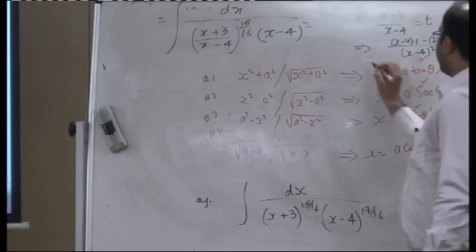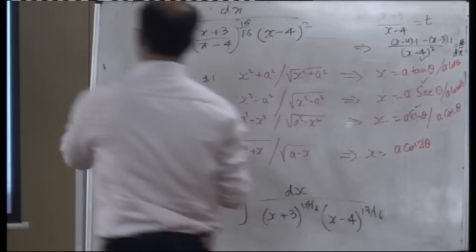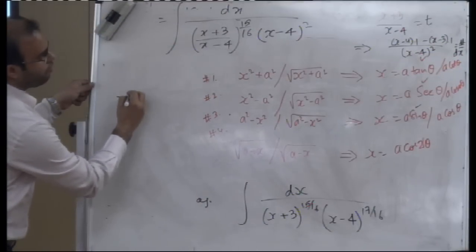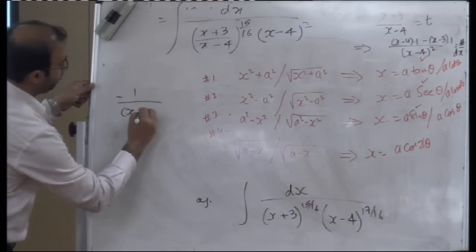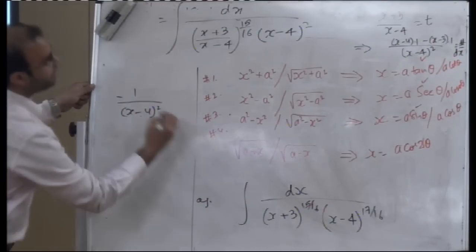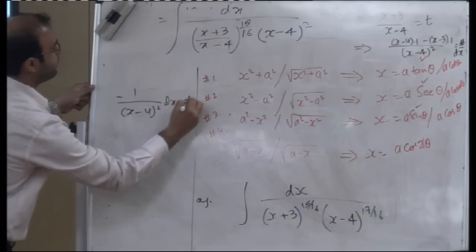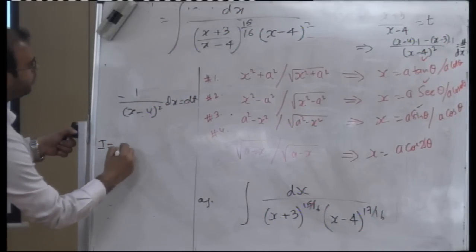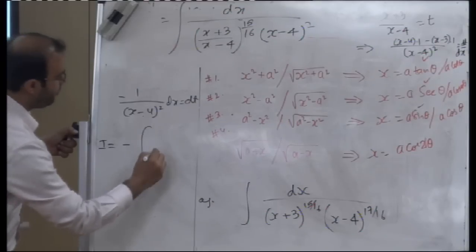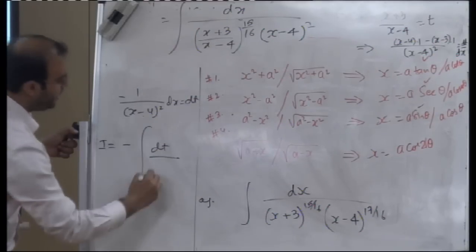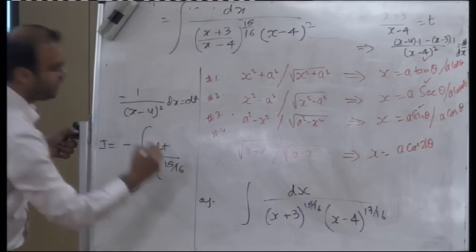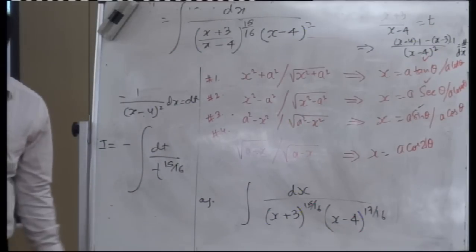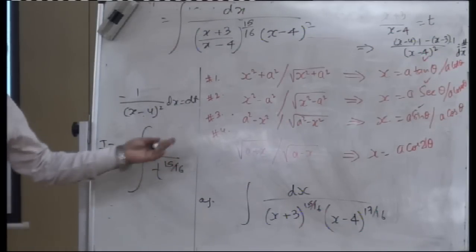So this becomes minus 7 upon (x minus 4) square dx equal to dt. So this integration reduces to I equal to minus of the integral of dt upon t to the power 15 upon 16.